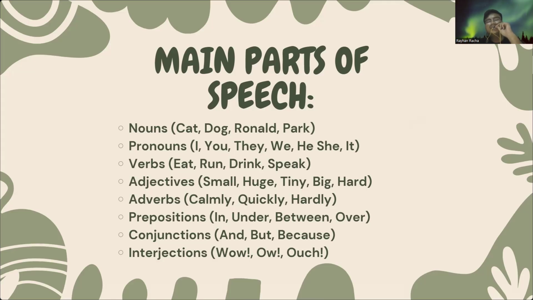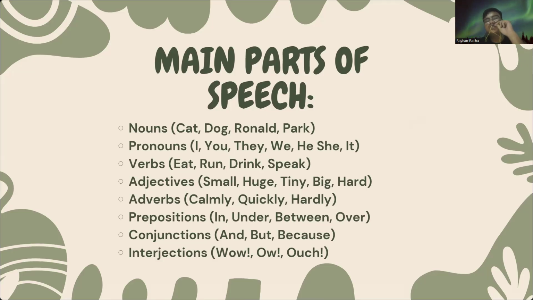The next one is adjective, such as small, huge, tiny, big, and hard. Basically, an adjective is a part of speech that explains the condition or quality of something. If you see something that is huge, that is big, that counts as an adjective. For example, "the car is really huge."